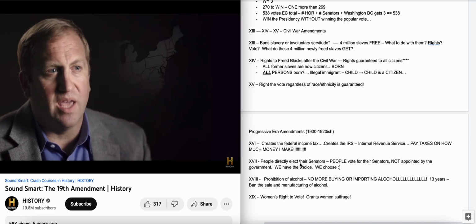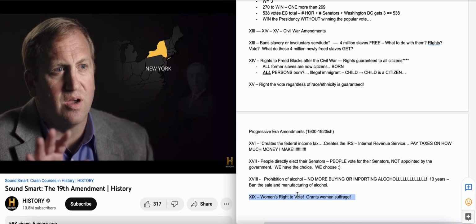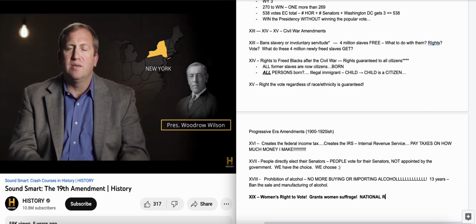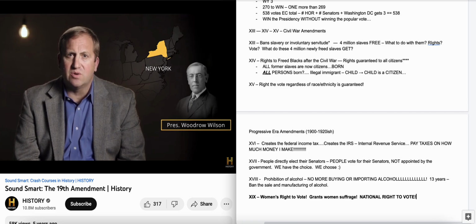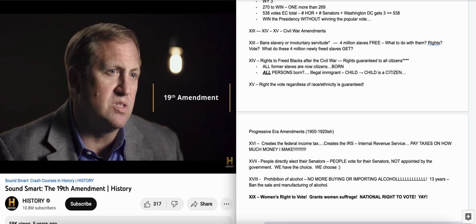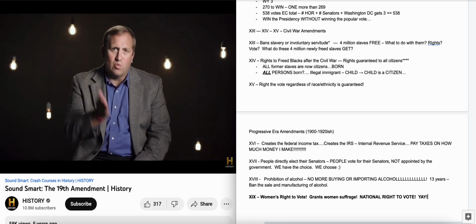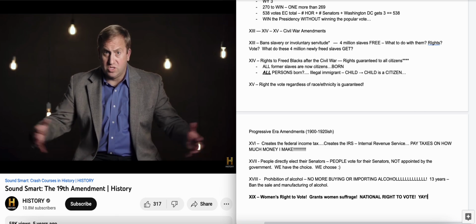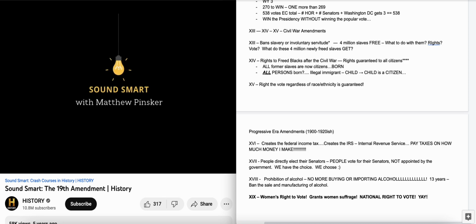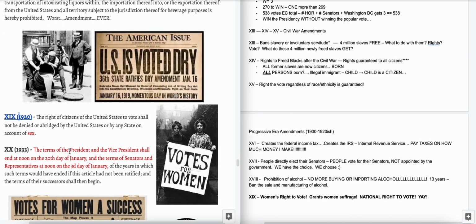Eventually, women gained the right to vote in states like New York. They convinced Woodrow Wilson to support women's suffrage. And finally, by 1919, the Congress had endorsed, after much struggle, this proposed amendment to the U.S. Constitution. And women began voting wholesale across the country in the presidential election of 1920.